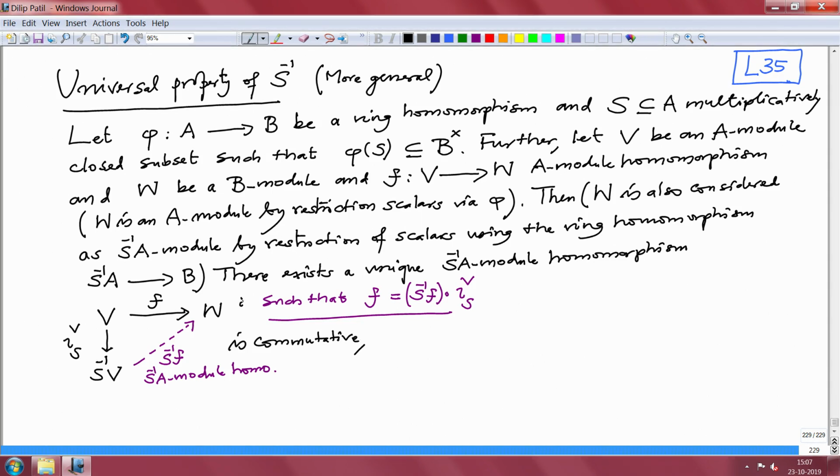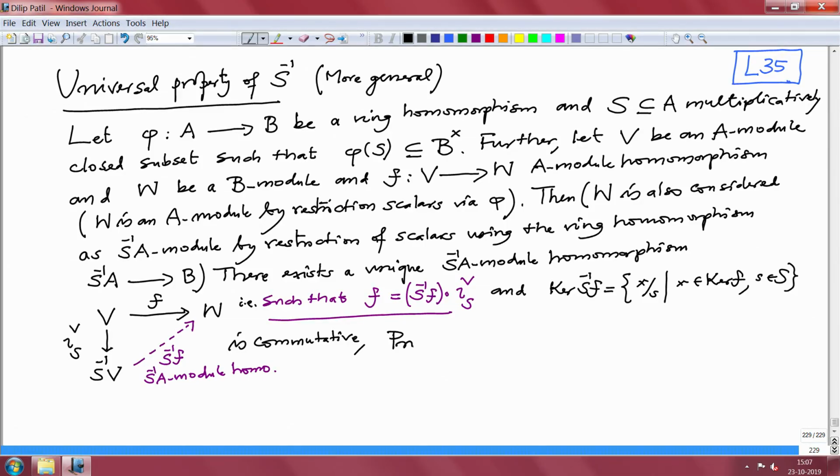That is, such that these two maps are equal. I also want to describe its kernel, and the kernel of S inverse F is precisely all those x over s such that x belongs to the kernel of F and s is in S. The proof is very simple. I will just write the definition of S inverse F and leave the checking to you. It is very simple.